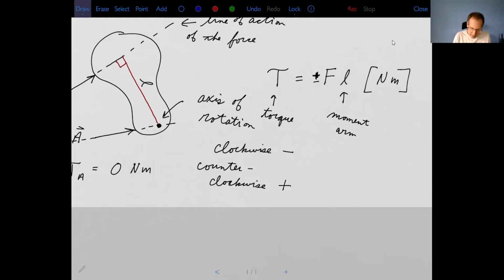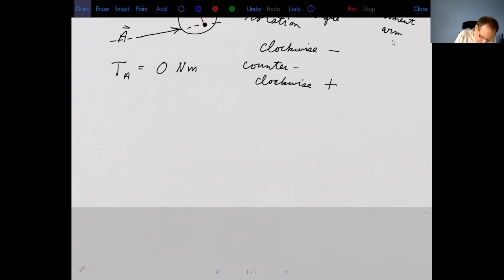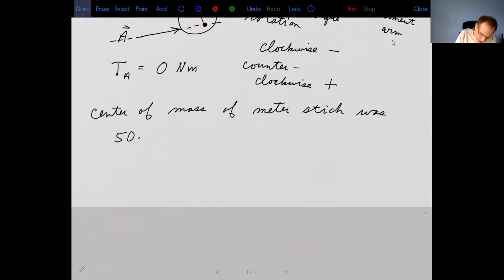And what I found was that the center of mass of the meter stick was 50.1 centimeters, or if I convert that to meters, 0.501 meters. That's just the location where I had to put the knife edge so that the meter stick balanced, so that represented the center of mass of the meter stick.